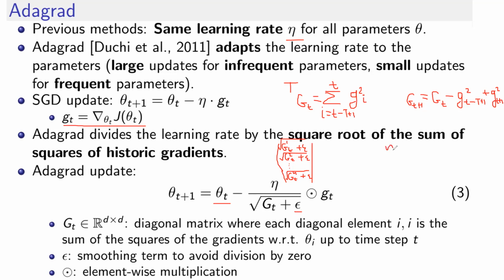So we will get a vector eta divided by the square root of, let's say, G_i, since I'm updating component i, plus epsilon. I multiply this by the gradient g_t, but not all of it, only component i. And that's how I update component i of my theta.